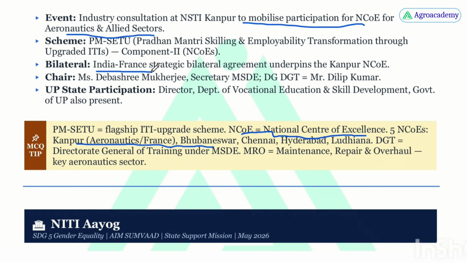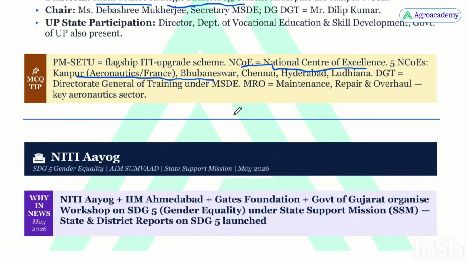India and France jointly organized this summit. So this is a bilateral summit, and the PM Setu stands for Pradhan Mantri Skilling and Employability Transformation through Upgraded ITIs. You need to remember the full name of PM Setu.